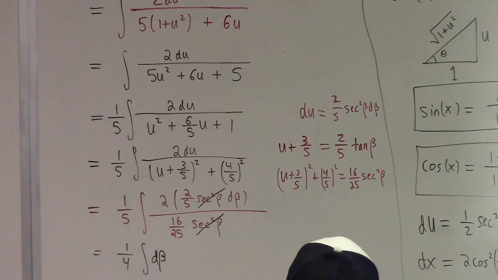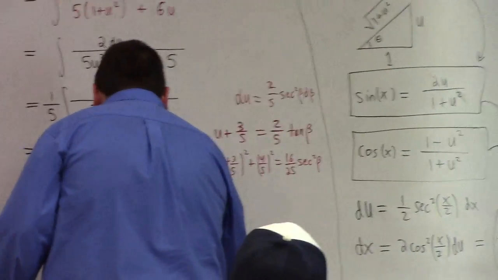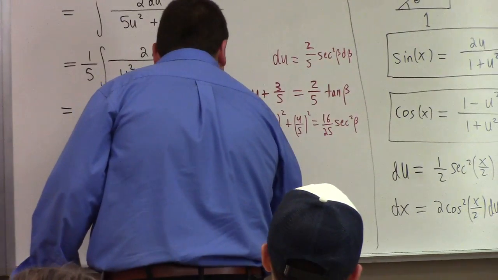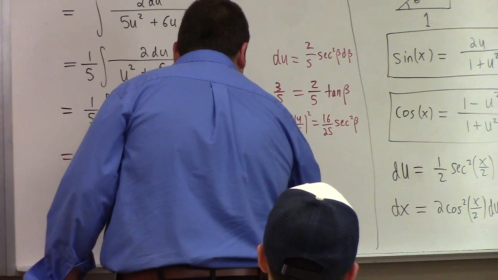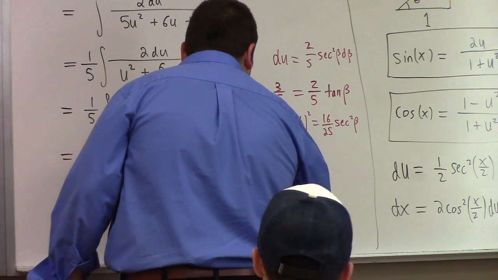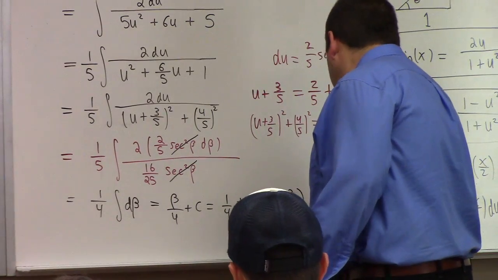Which we can do, right? So that gives you beta over 4 plus a constant, which gives you 1/4 inverse tangent of u plus 3 over 5 plus a constant.